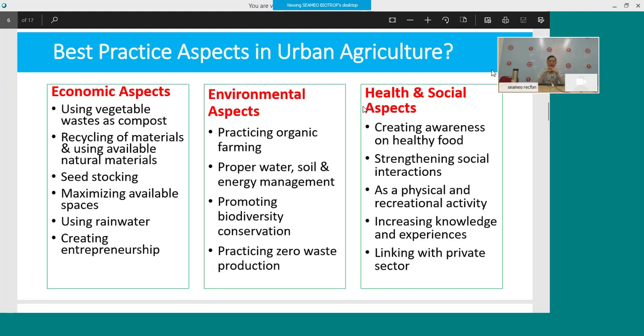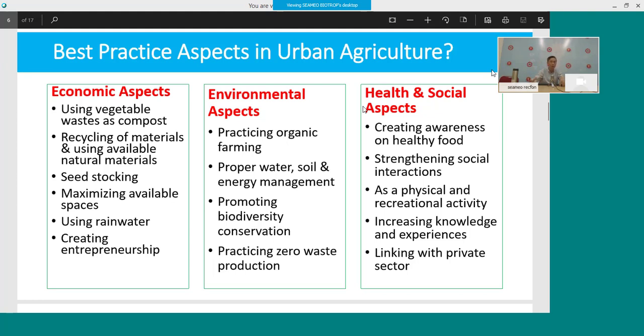So, for example, I would like to give this, although I have given some of them earlier on. When we talk about best practice in economic aspects, I said maybe we can use vegetable waste as compost, other than chicken waste or animal dung, but we can decompose garden waste or kitchen waste, because in our garden, in our school, sometimes we trim some grasses, we trim the plants, we trim the trees.